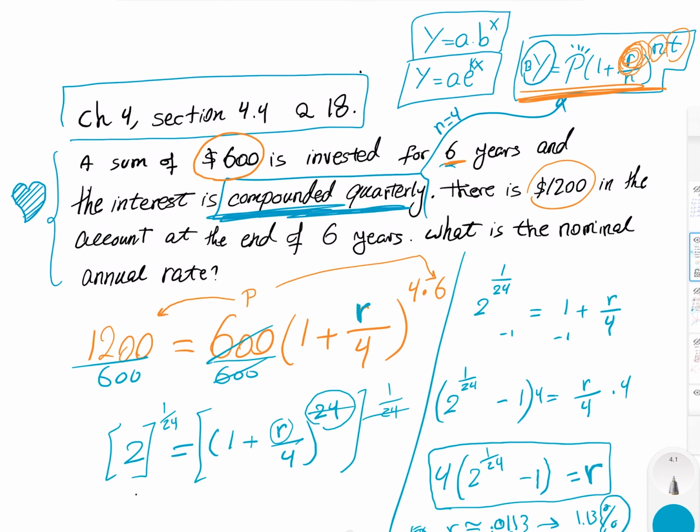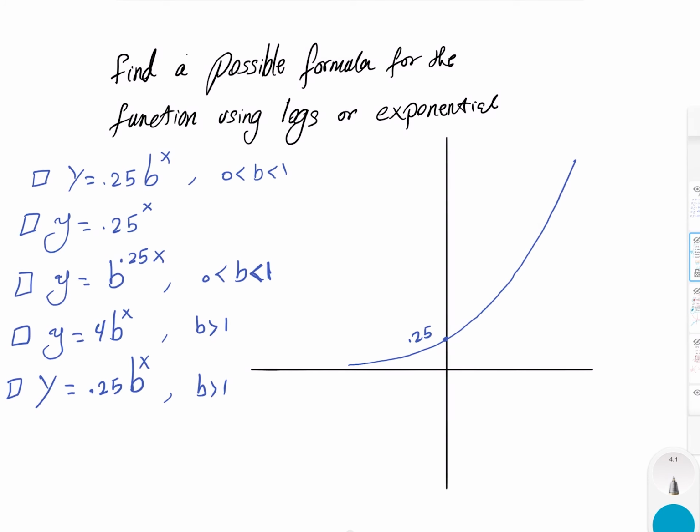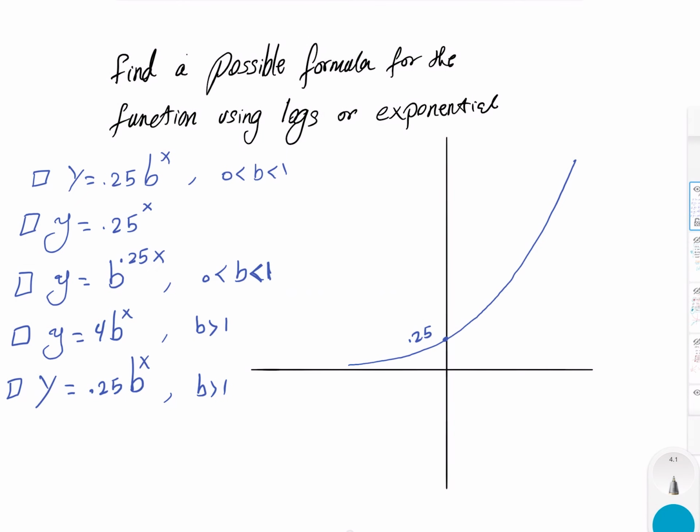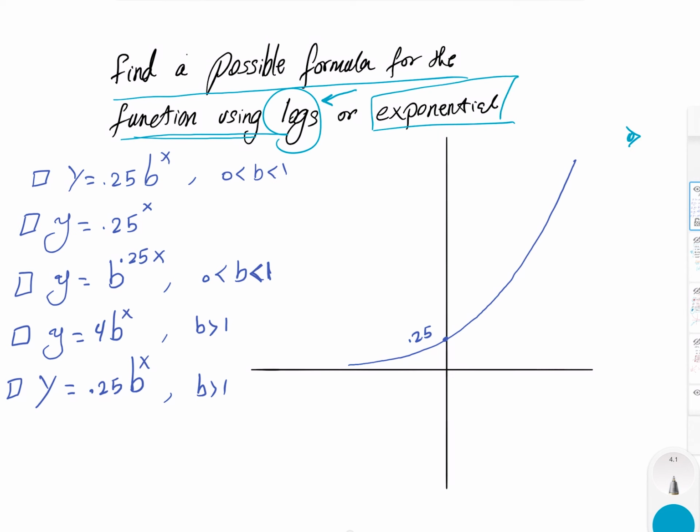All right, let's go to the last question. They're asking to find the possible formula for the exponential function using logs or exponentials. I know I haven't gone over the graph of log first, but what we see here is the graph of an exponential.